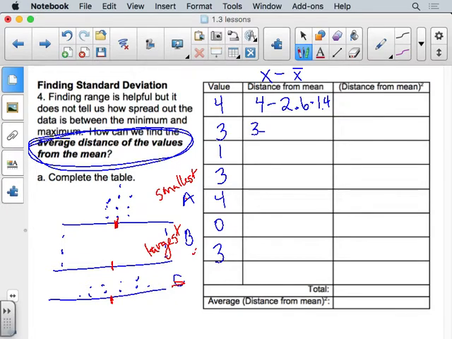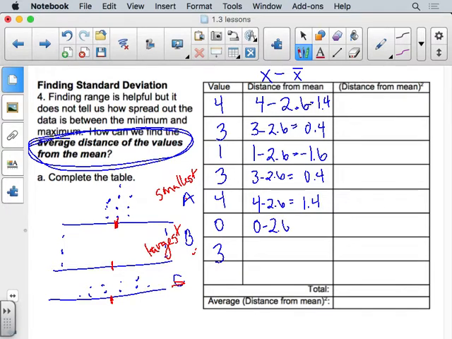I'm going to do 3 minus 2.6, that's 0.4, 1 minus 2.6, negative 1.6, 3 minus 2.6 again, 0.4, 4 minus 2.6 is again 1.4, 0 minus 2.6, negative 2.6, and 3 minus 2.6 is again 0.4.